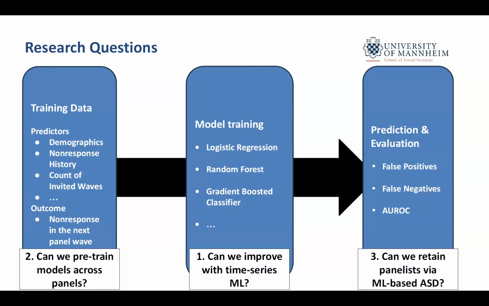The second section will be on the left-hand side, looking at different data sources and understanding whether we can use pre-trained ML models across different panel designs to predict non-response. And then lastly, the focus will be on adaptive survey designs that are informed by ML predictions.